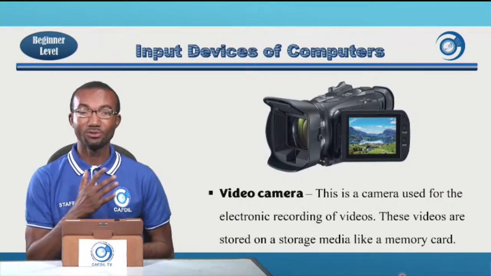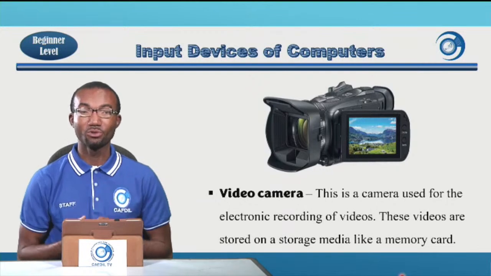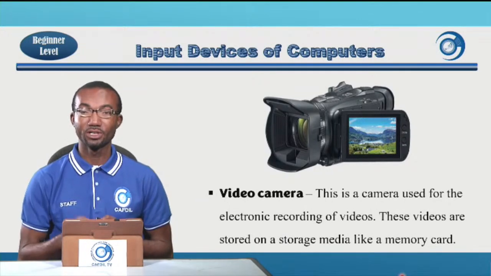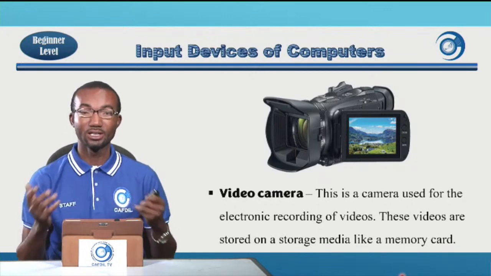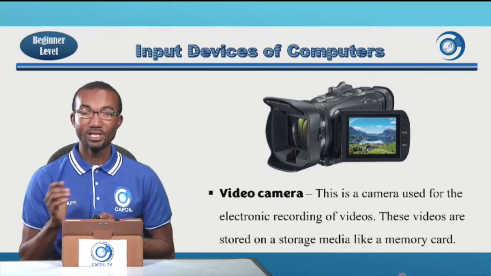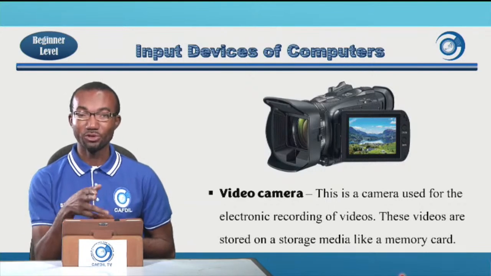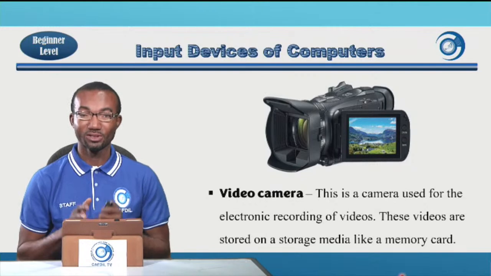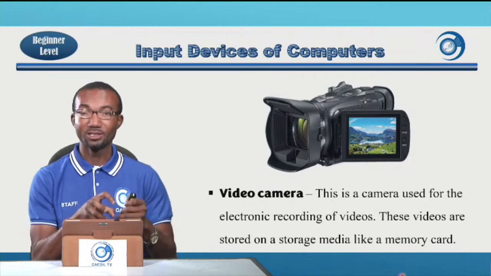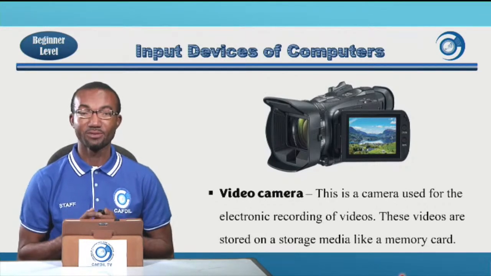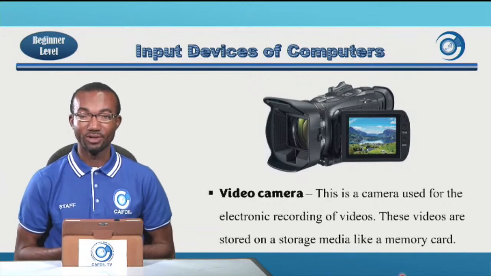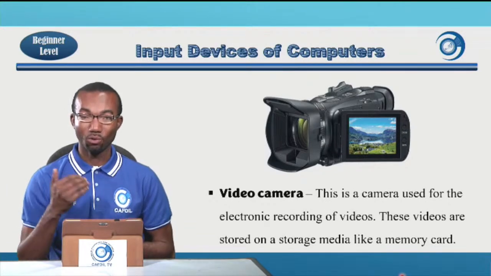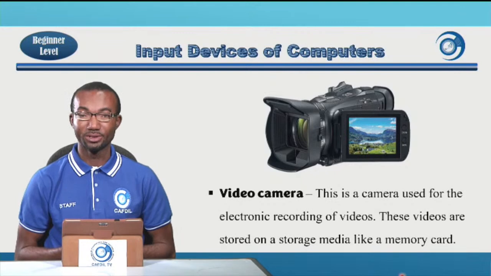In the olden days, you see big video cameras on the shoulders of these media men. Today, you can just use your small smartphone to capture videos and they will be nice. So they send moving pictures or videos into the computer system. That is what video cameras do as input devices, specifically data entry input devices. They record electronic videos.